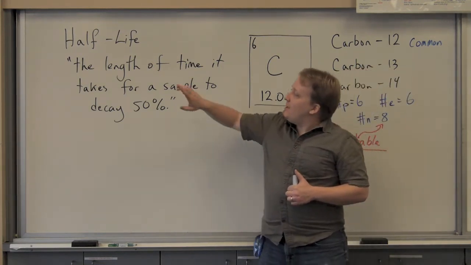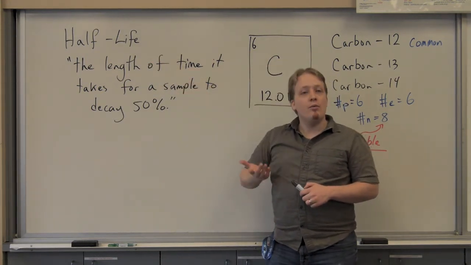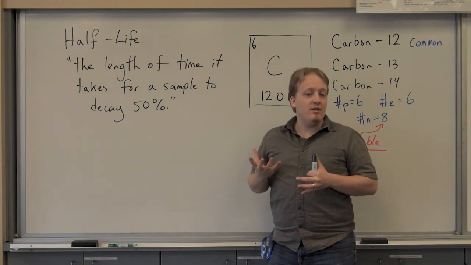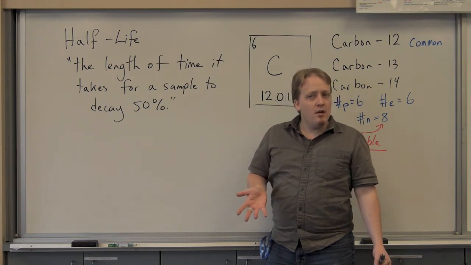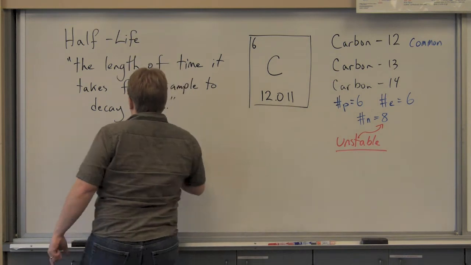We also talked about this idea of half-life when we were talking about persistent organic pollutants when we were looking at biology. The length of time it takes for the amount of that material to be removed from our environment by 50%.